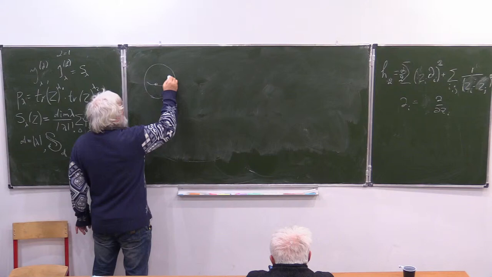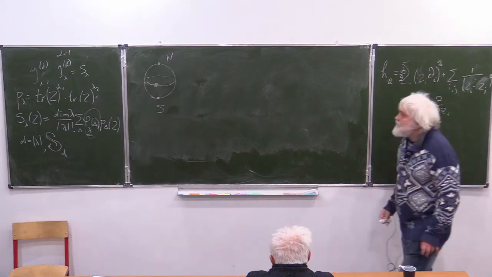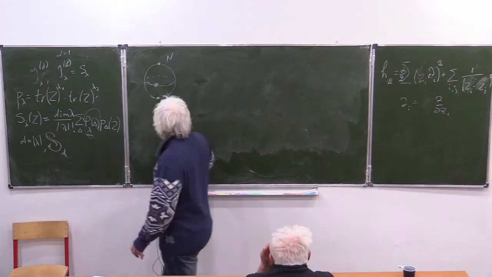Let us consider the sphere with three points, and let's consider coverings of the sphere by other orientable surfaces with branch points located here with given ramification type.